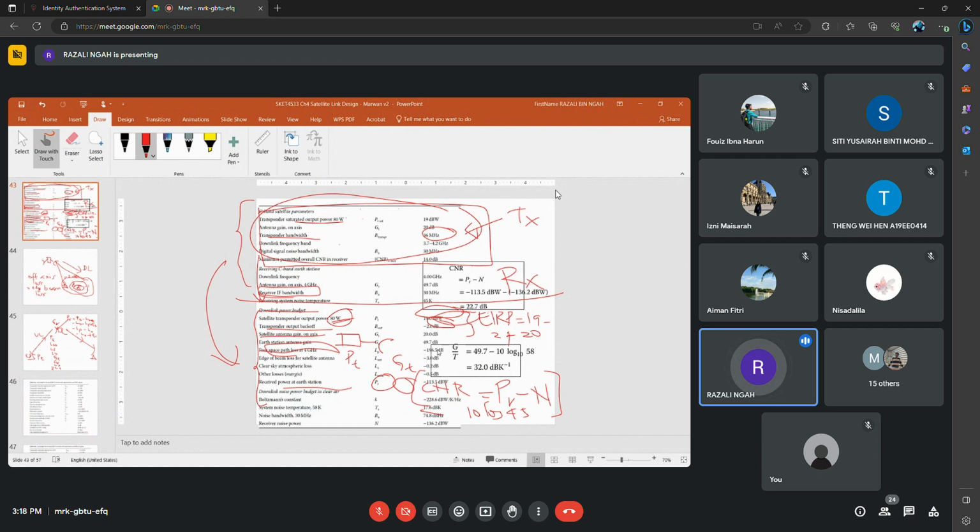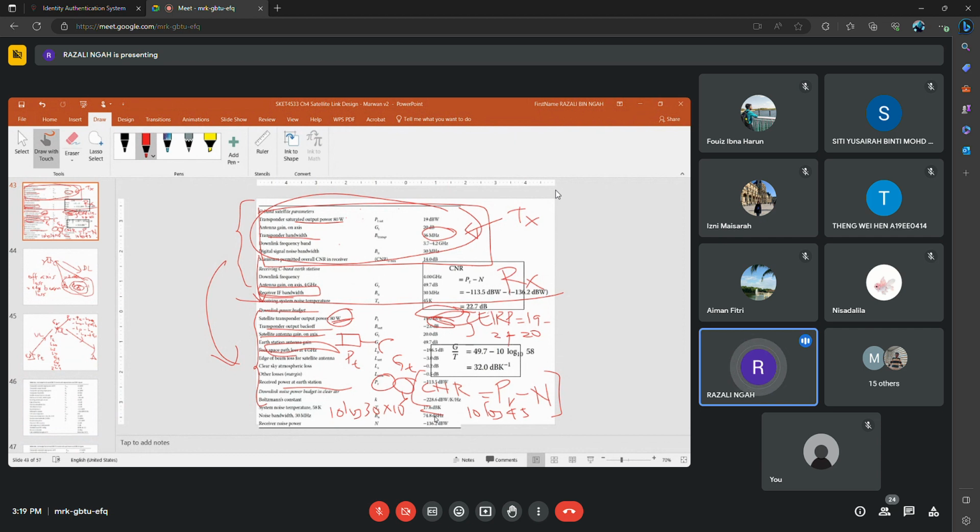In free space path loss, the frequency in megahertz is a different thing. This is about the bandwidth. So this is how you get 74.8, which is 10 log 30 million, 30 times 10 to the power of 6. So you will get 74.8 dB hertz.